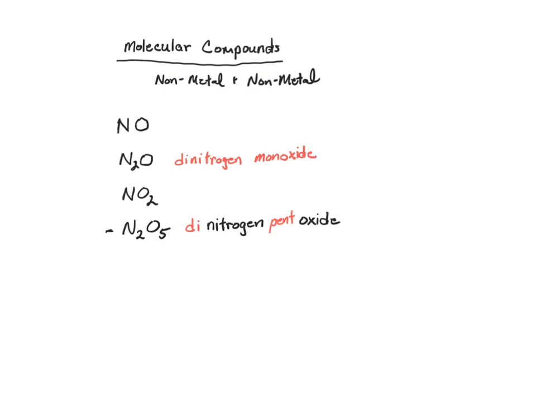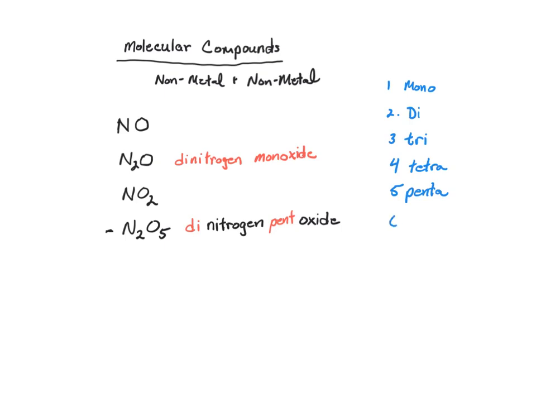The prefixes that we deal with are, for 1, mono. For 2 is di. 3 is tri. 4 is tetra. 5 is penta. And the rest of these are pretty straightforward. They're just based on geometric shapes.